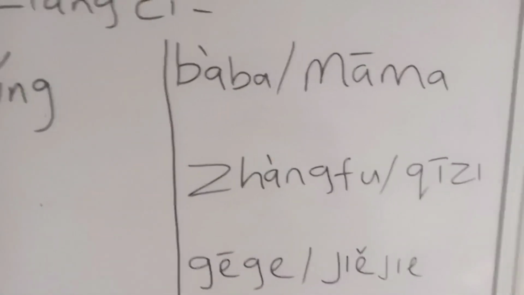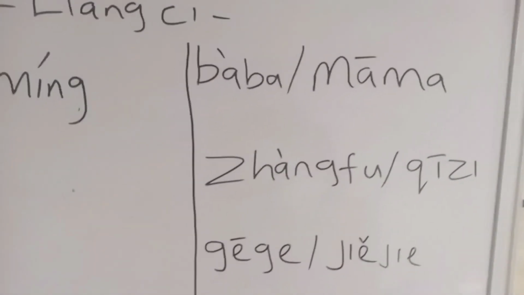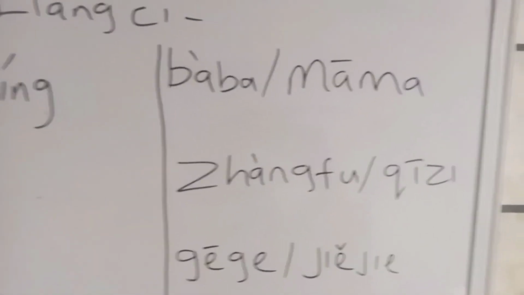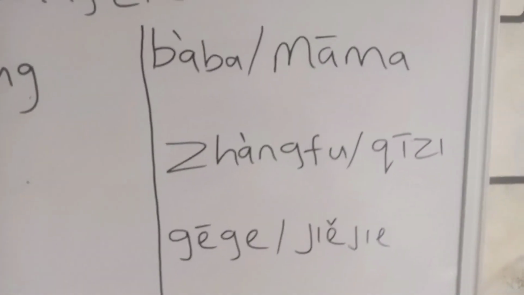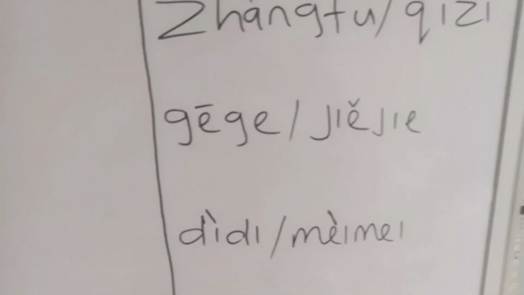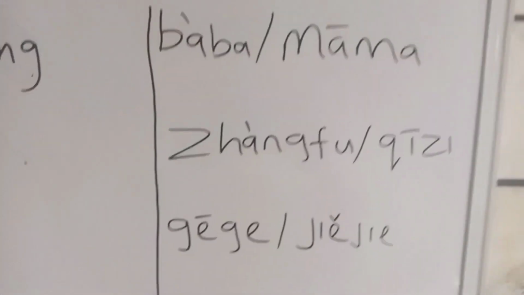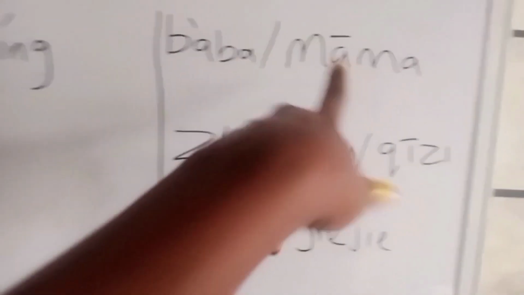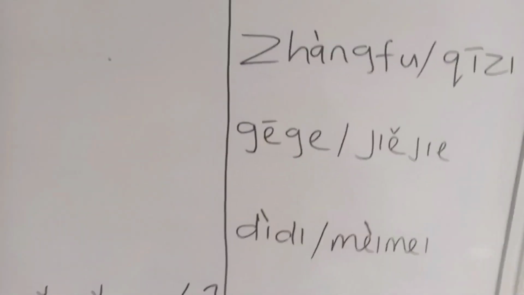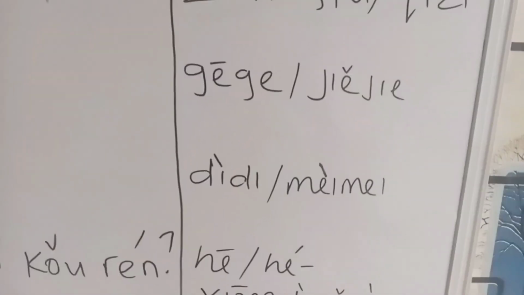You know, you say 我爸爸, that is my father. 我妈妈, that is my mother. 我哥哥, my elder brother. 我姐姐, that is my elder sister. How many people now? Four. 1, 2, 3, 4, and then you say and me. You add yourself because you are five in your family.